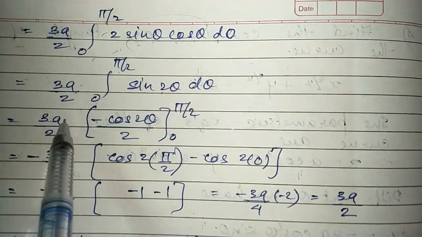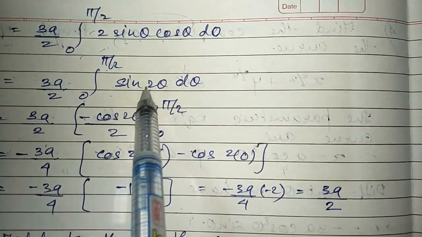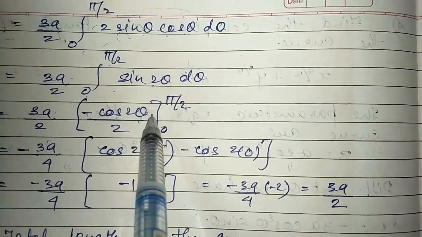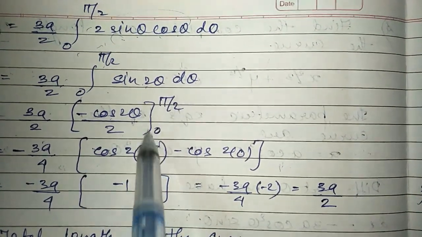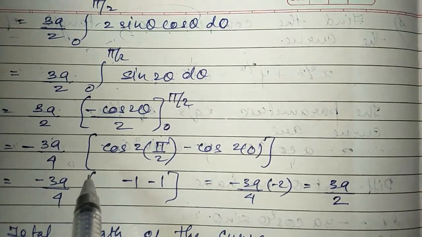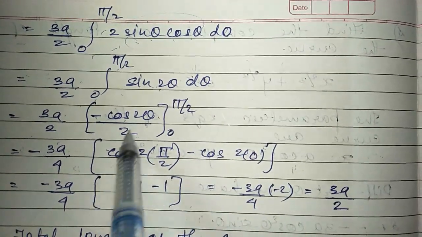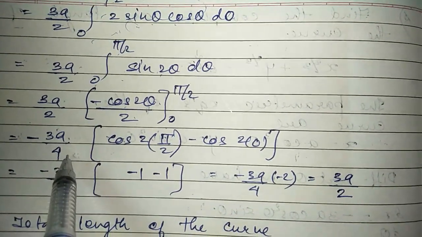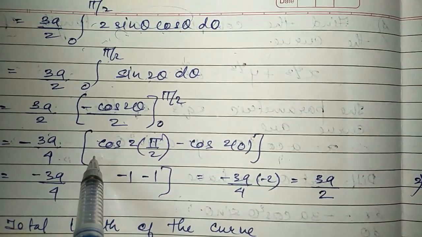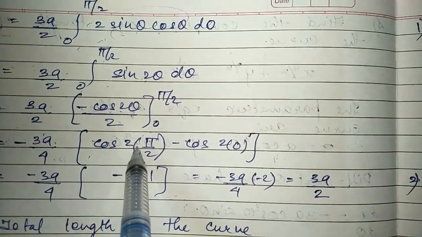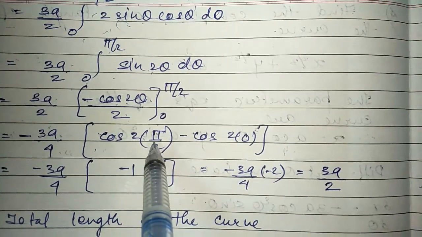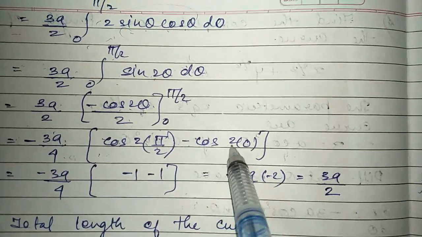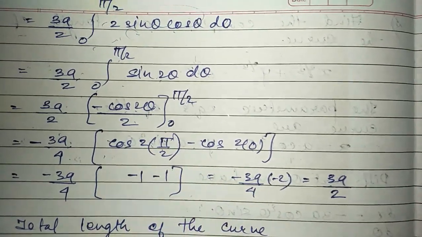So we have 3a by 2, and the integral of sin 2 theta is minus cos 2 theta upon 2, and the limits are from 0 to pi by 2. We'll take this minus 1 by 2 outside. We have minus 3a upon 4 into cos of 2 times pi by 2, minus cos of 2 times 0.